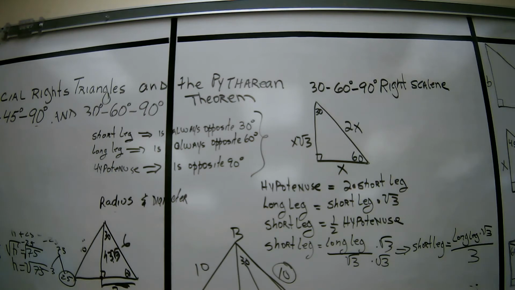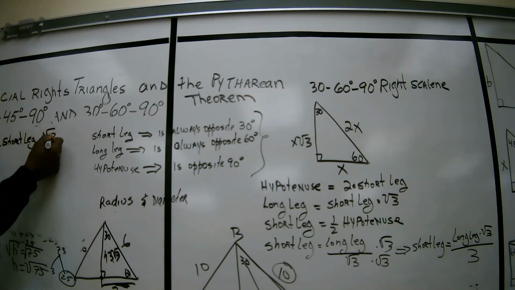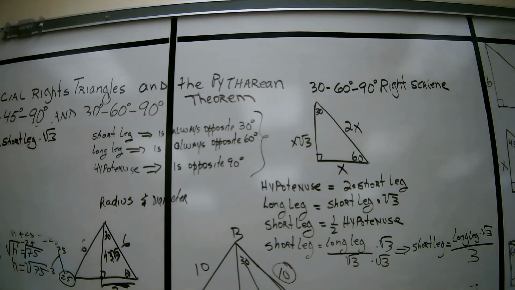We have shown that whenever you're looking for the long leg, you take the short leg and multiply by square root of 3, that will give you the long leg. Same thing, if I know the long leg, I can find the short leg.